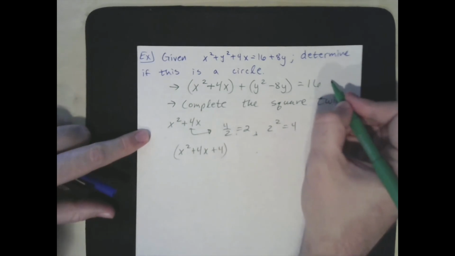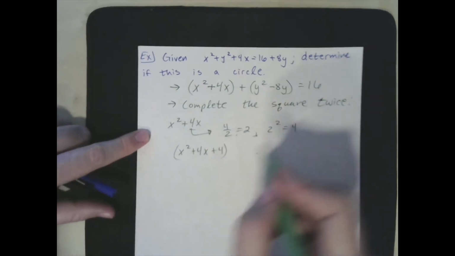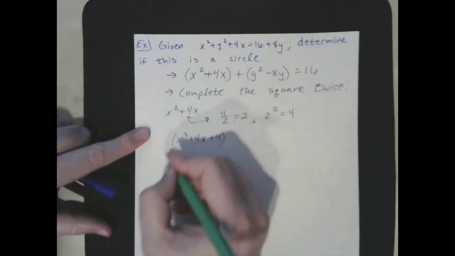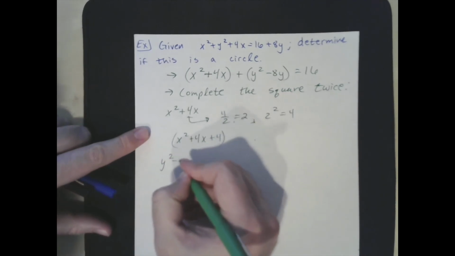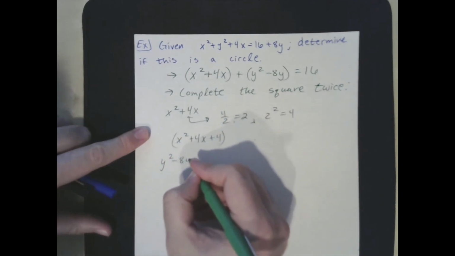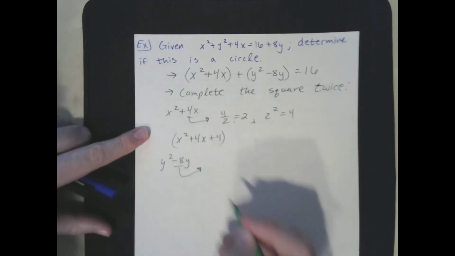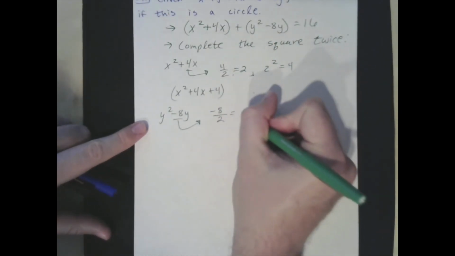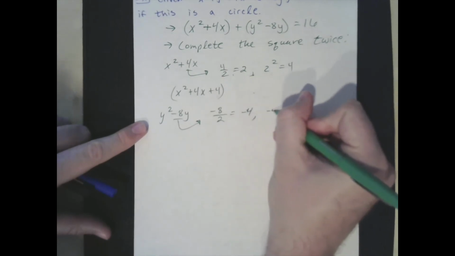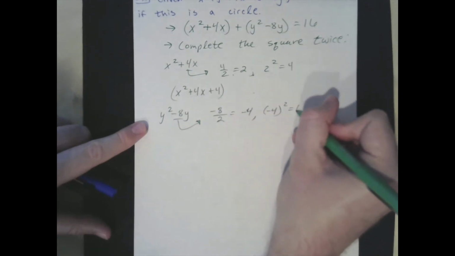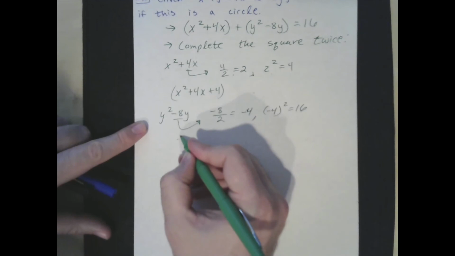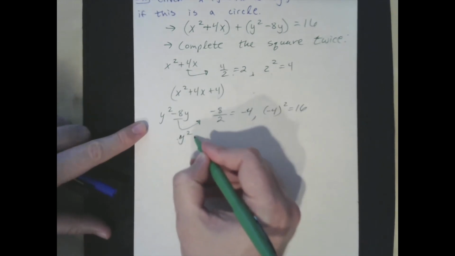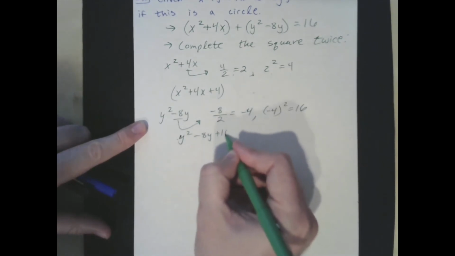And then we would have to add 4 here. So we'll come back to that. Let's take a look at y squared minus 8y. So again, we're looking at the minus 8. First we divide by 2, then we square that, we get 16. So our perfect square would be y squared minus 8y plus 16.